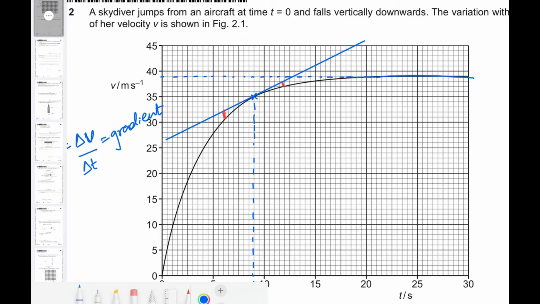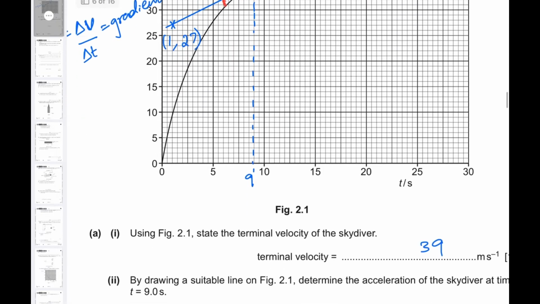Now you will pick any two coordinates on this graph, and the further away they are from each other, the more accurate they will be. I'm going to pick this one over here, which is 15 seconds for 41 meters per second, and this one over here, which is 1 second for 27 meters per second.